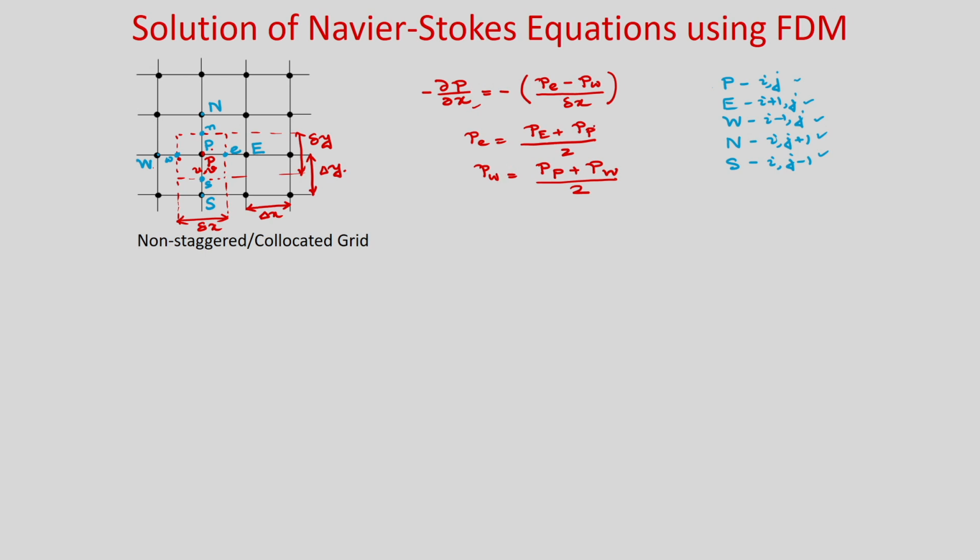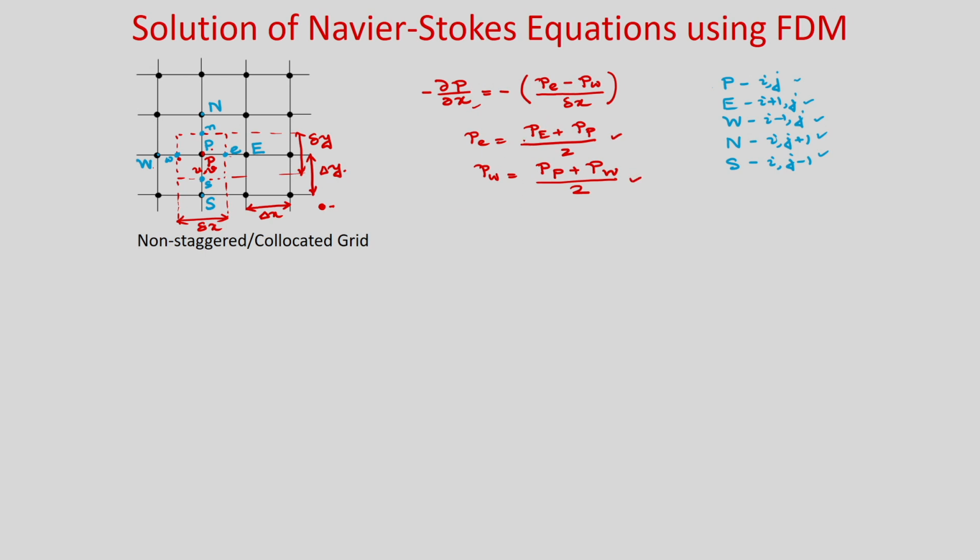So, now because pressures are known only at these points, capital E, capital P, capital W, capital N, capital S, where the circular nodes are, only pressures are available at these points. But at small e, small w, small n, small s, here you do not know the value of pressure. So, we are just taking the average.